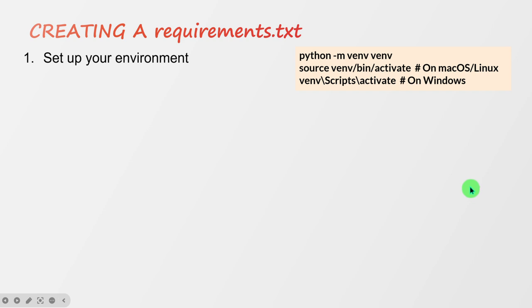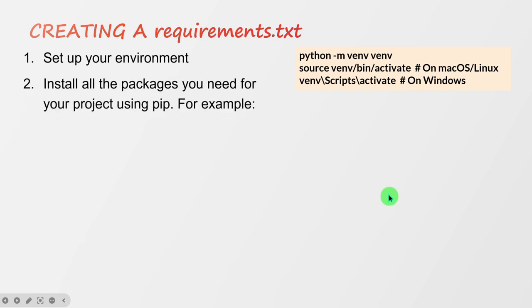I demonstrated there how you can set up the environment and create the folder as an example. The next thing you need to do is install the packages that you need for your project. For example, you have this kind of project, you have to install these first. But by default, it will get what is existing.